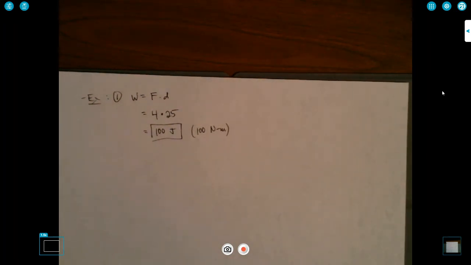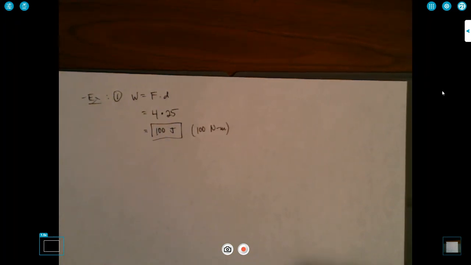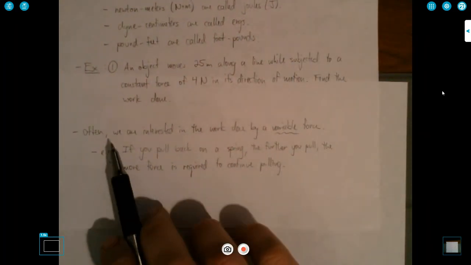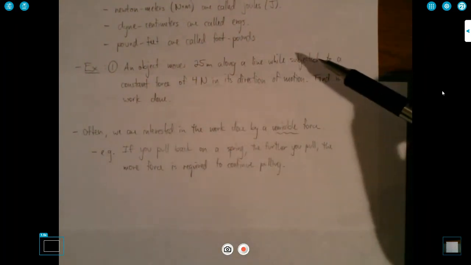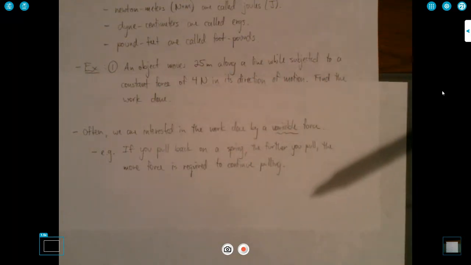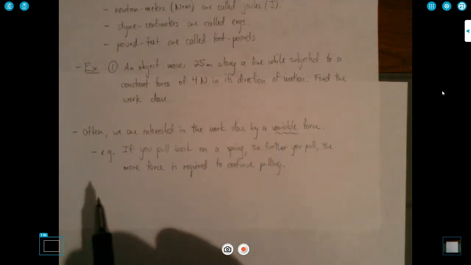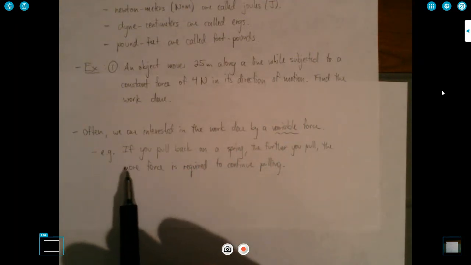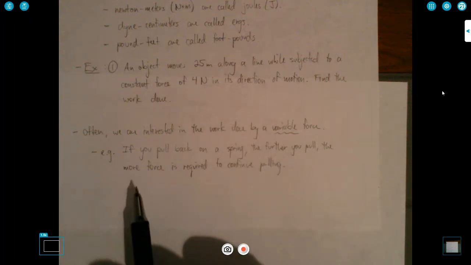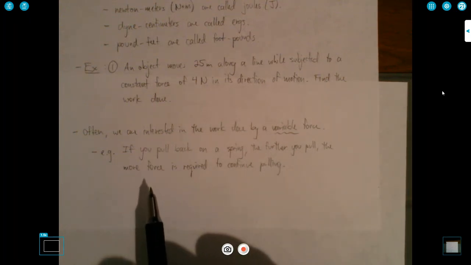Now, that obviously didn't require any calculus, so you may wonder, where does the calculus come in? Where does the integration come in? Well, the integration comes in because oftentimes we're not interested in a constant force. Oftentimes we're actually interested in a variable force. For example, and there are lots of examples of this, if you pull back on a spring, then the further you pull, the harder it is to continue pulling it, right?